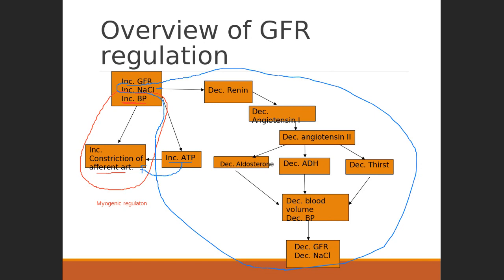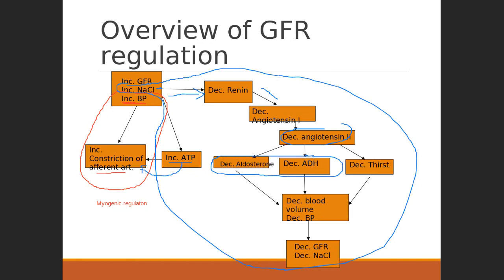But it also decreases renin secretion, which limits the amount of angiotensin 1 present, which limits the amount of angiotensin 2 present. Therefore, we get less aldosterone, less ADH secreted, which results in more urine being produced, less fluid getting brought back into the circulatory system, and we know lower blood volume can be used to control blood pressure.